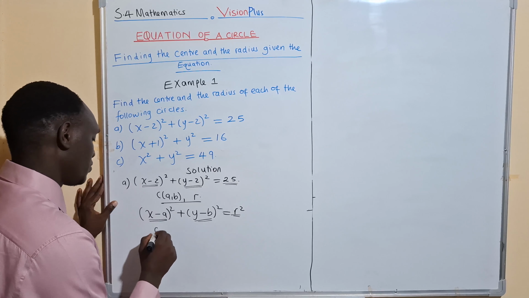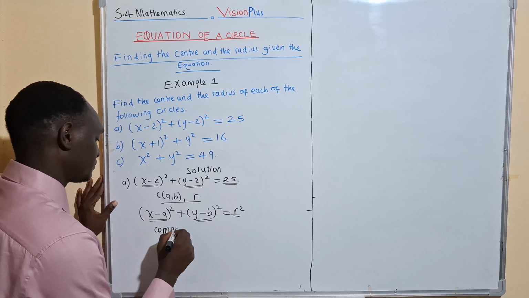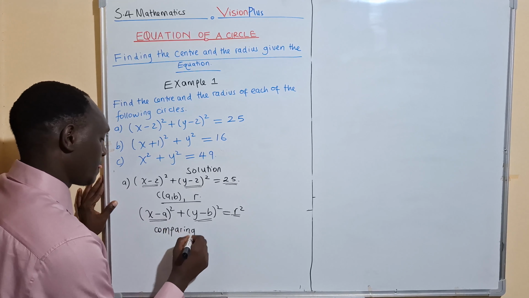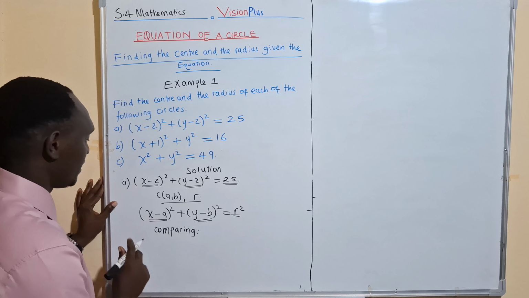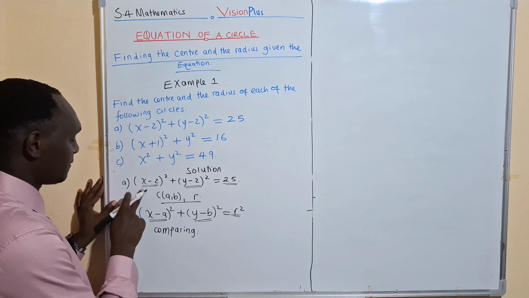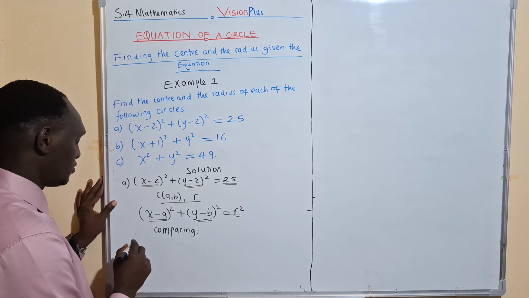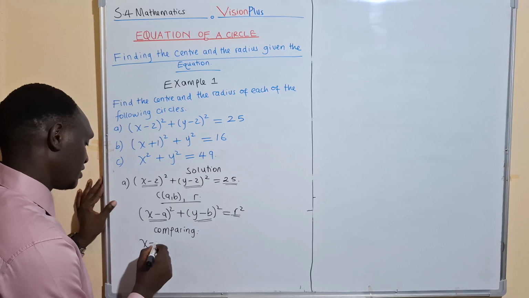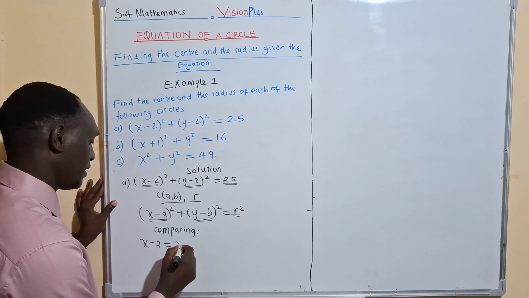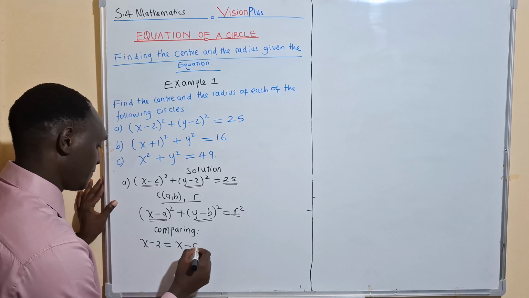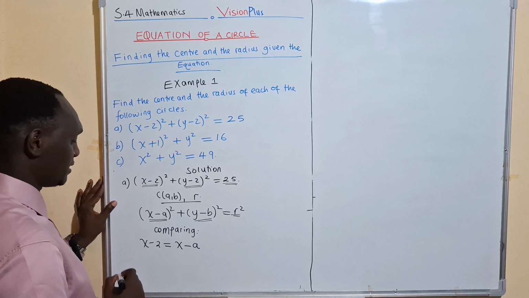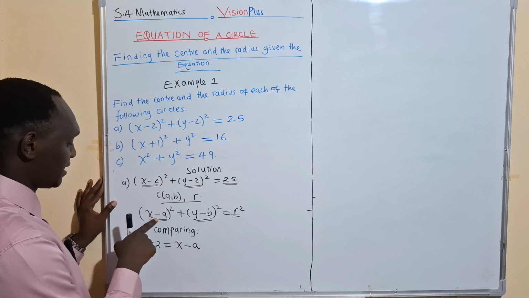So we shall say x minus 2 equals x minus A. That is comparing the first term.